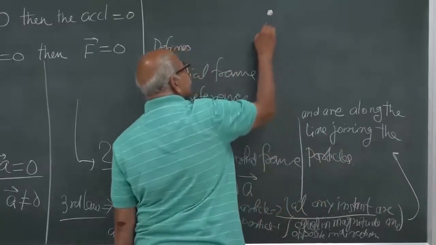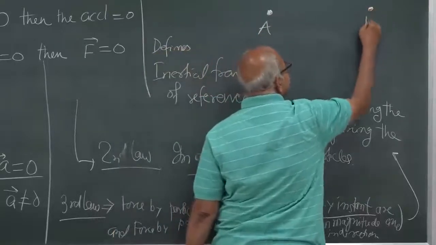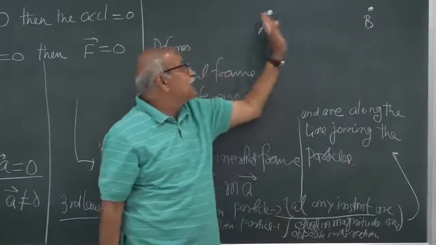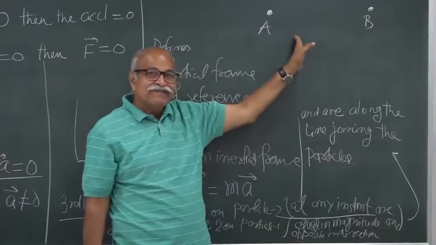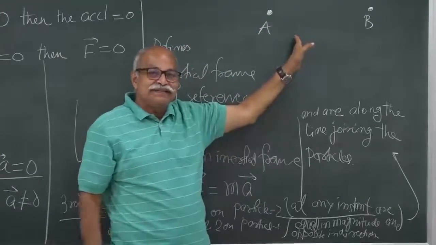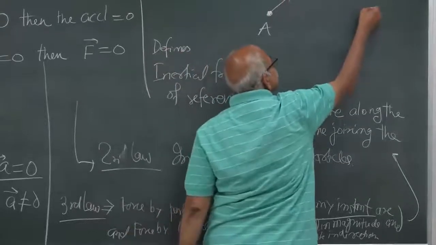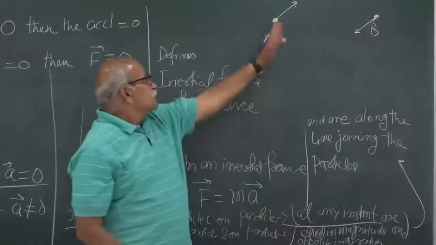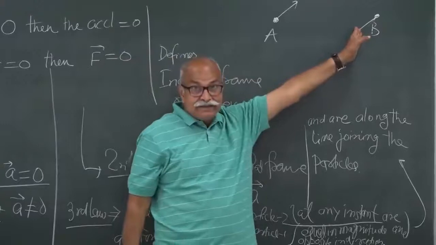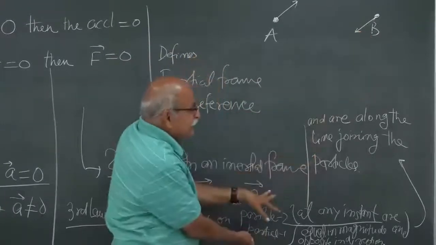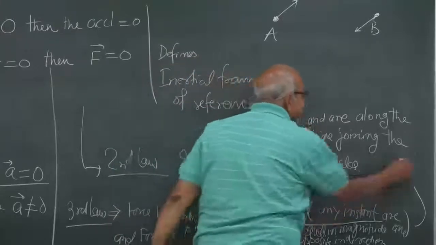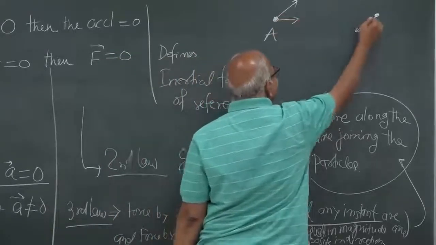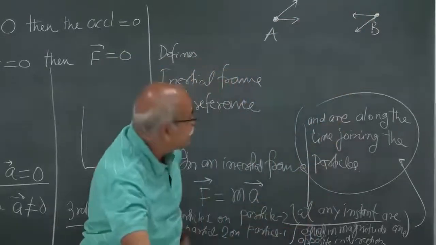If you have a particle here, A, and a particle here, B, the force by A on B and force by B on A at any given instant are equal in magnitude, opposite in direction, but that could have been this way, or that could have been this way. The directions are opposite, the magnitudes are equal. So, this statement is satisfied. But the other part which you can add is that no, these forces are along the line joining these two particles.